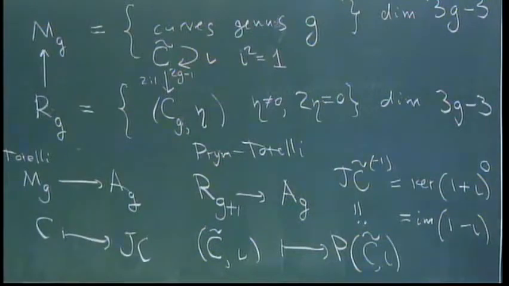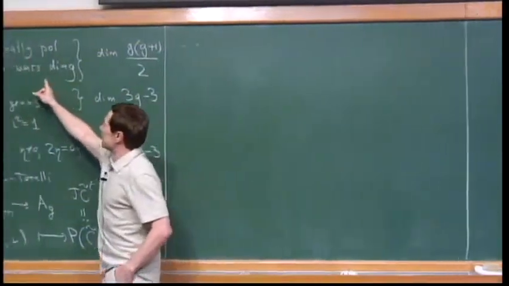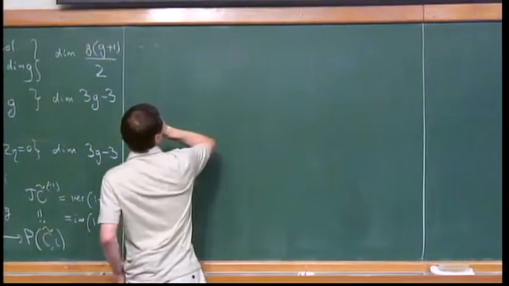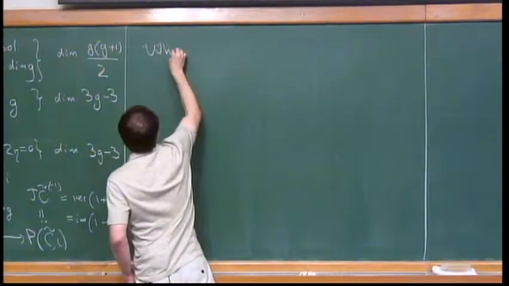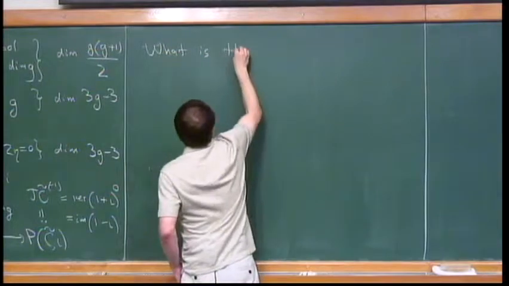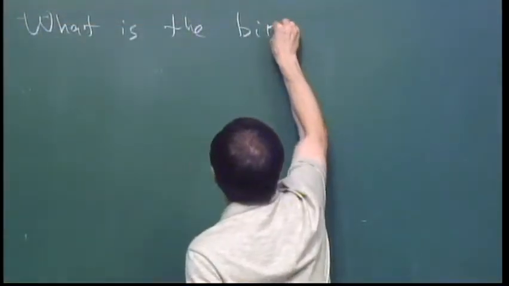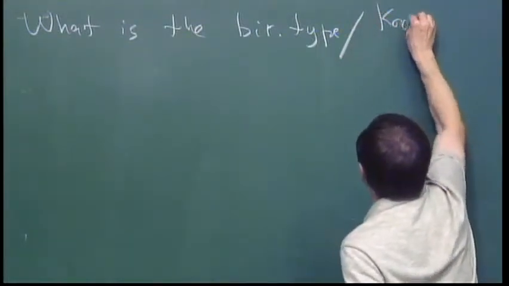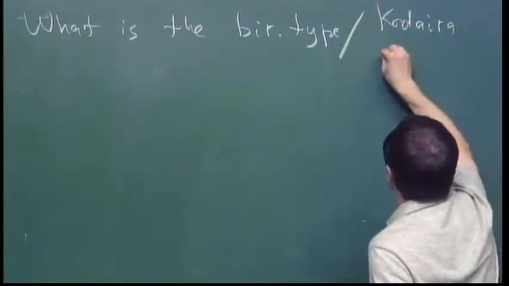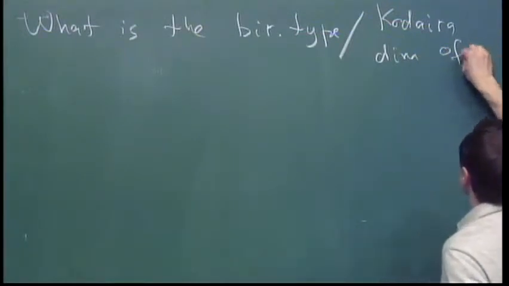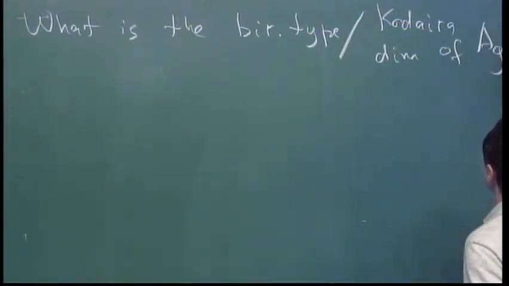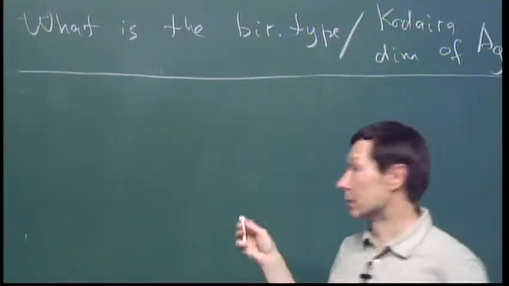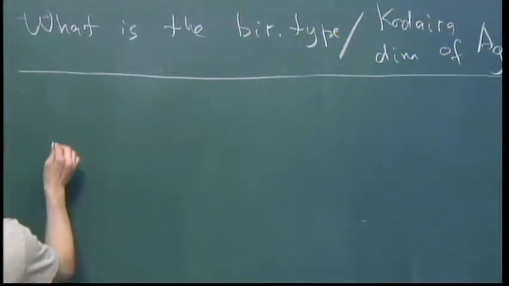Now, as I said, mostly I want to talk about A_g. And so let's recall what is known about the birational type and Kodaira dimension of A_g. The results are as follows.